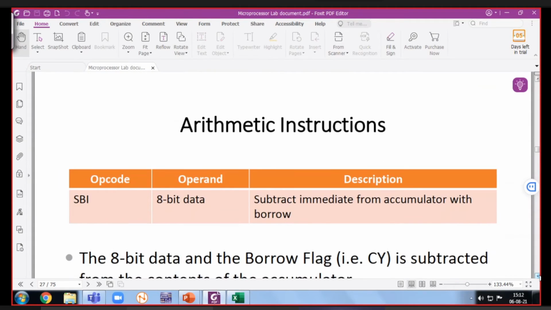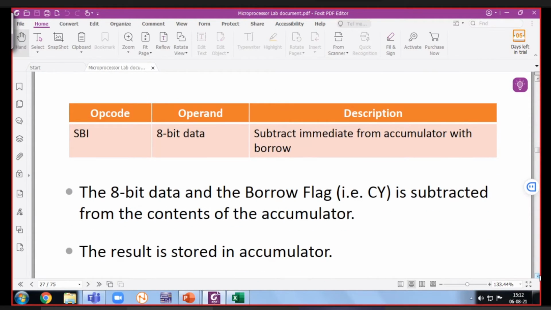Okay, then comes SBI, subtract immediate from accumulator with borrow. Suppose the instruction is SBI 08. It means content of accumulator minus 08 minus the borrow flag value.